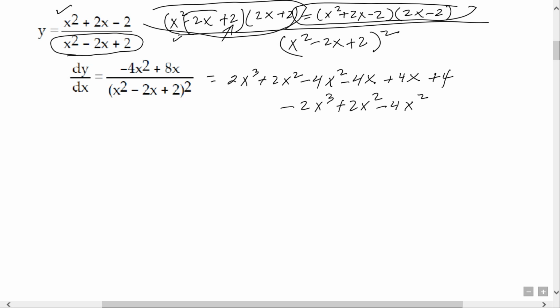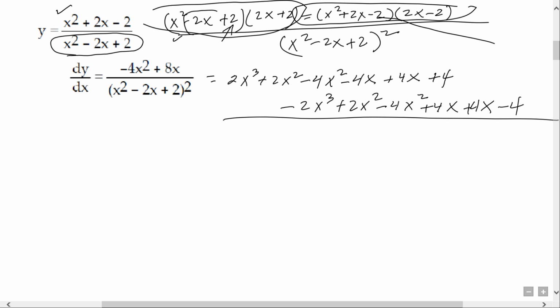And the minus 2x times the minus 2 gives us plus 4x. And then finally, taking care of the last minus 2, we get a minus times a minus 2 times 2x is plus 4x. And then finally, minus times a minus 2, which is a plus 2 times a minus 2 is a minus 4. So you have to be real careful with your signs there. And then you get x squared minus 2x plus 2 quantity squared.